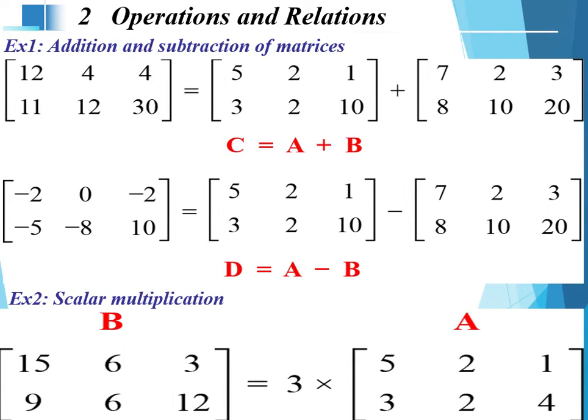The second part is operations and relations. In linear algebra, one relation, equality, and four operations, addition, subtraction, multiplication, and scalar multiplication, are defined for matrices. Equality: two matrices are equal if they have the same number of rows and columns and corresponding elements are equal.